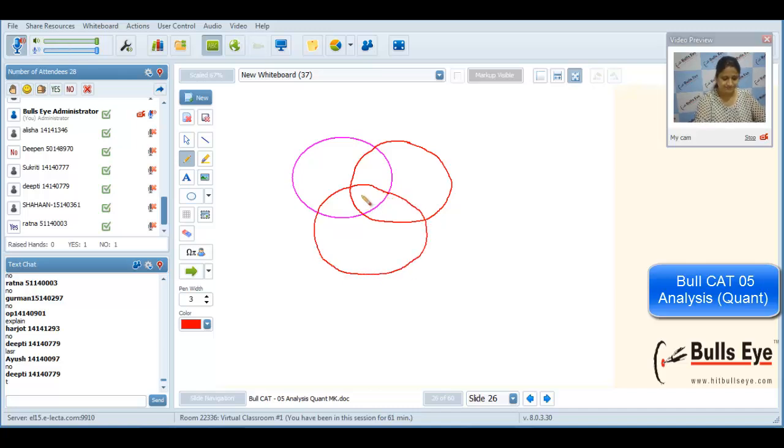See once again, there are 3 departments actually. One is marketing, one is finance, and one is human resources.